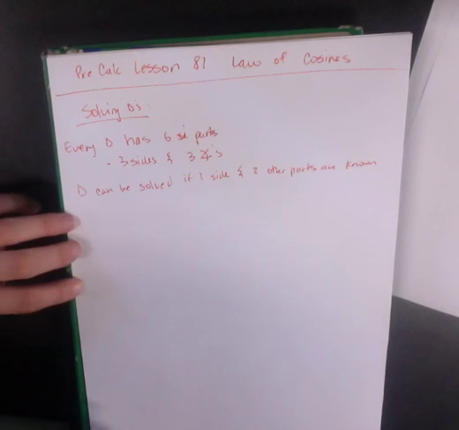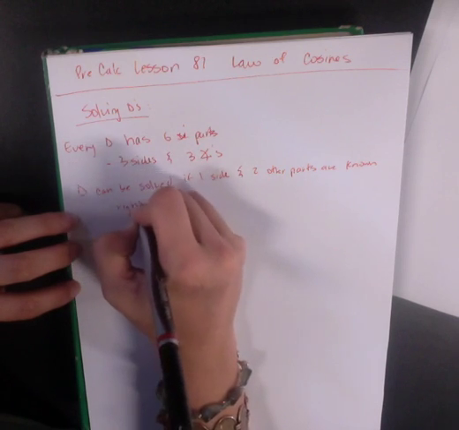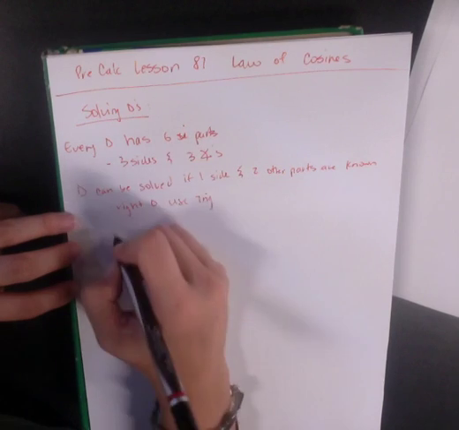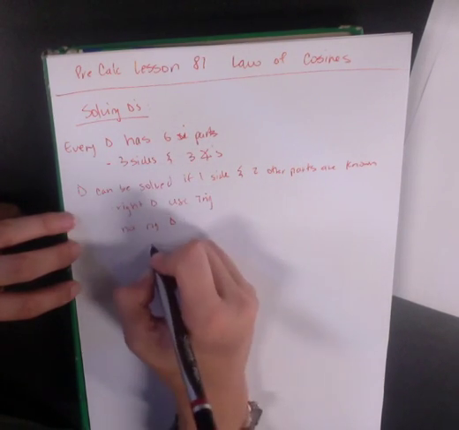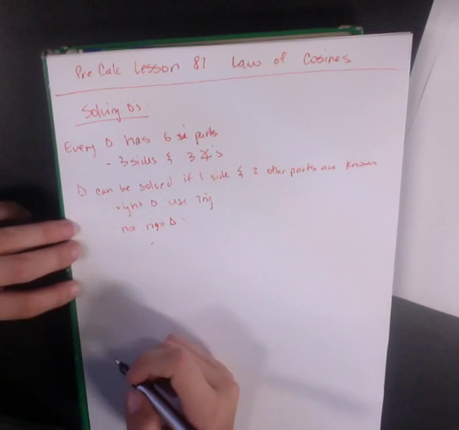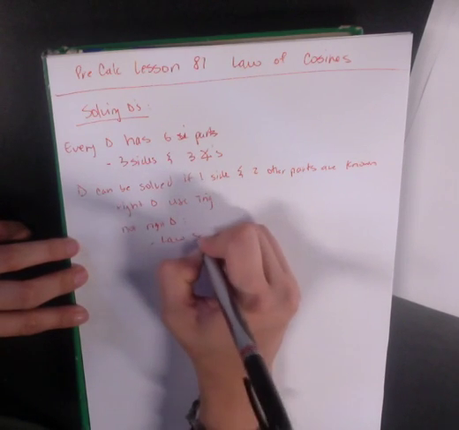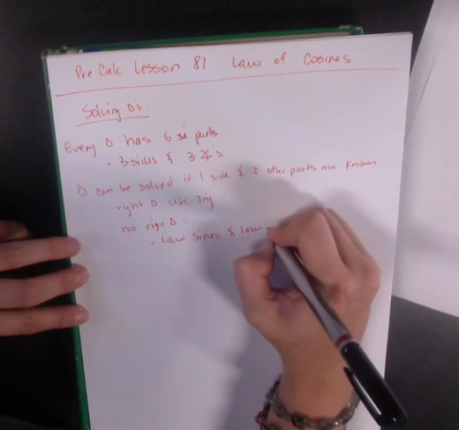Right, we did this with the law of sines. Now, if it was a right triangle, we use trig. And if it's not a right triangle, then we can either use law of sines or law of cosines.